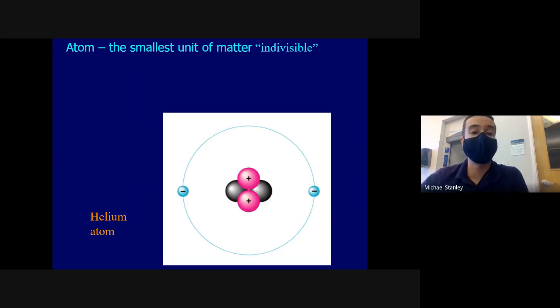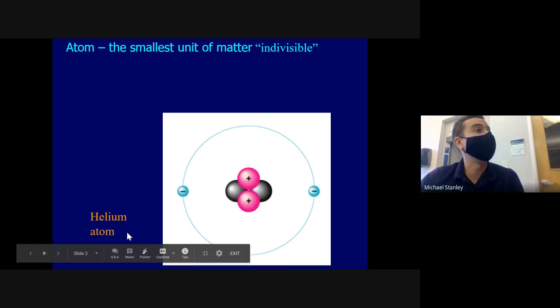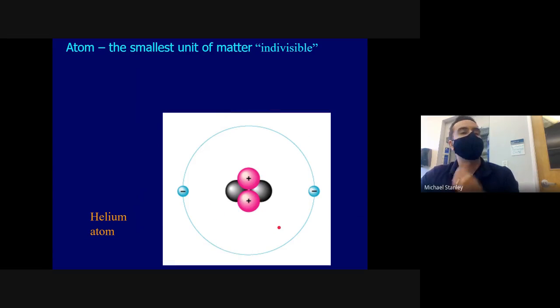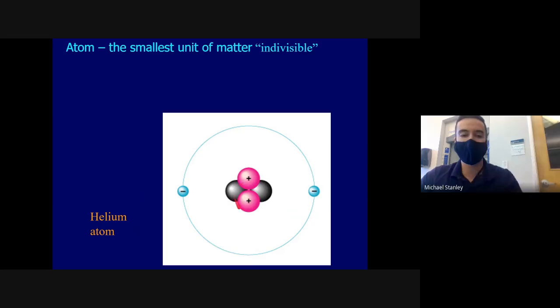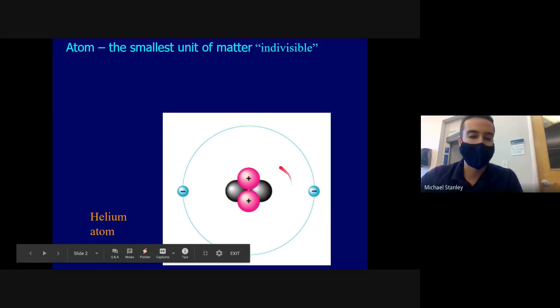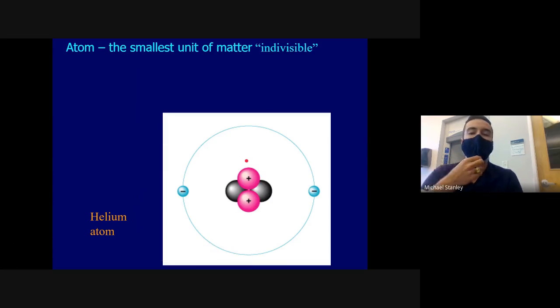All right, so we've been talking about our atoms a lot in the past couple days in this class. Here we have a helium atom. So we've got some particles in the middle here, and we've got some particles on the outside here. So what are these positively charged particles in the middle of the atom called?